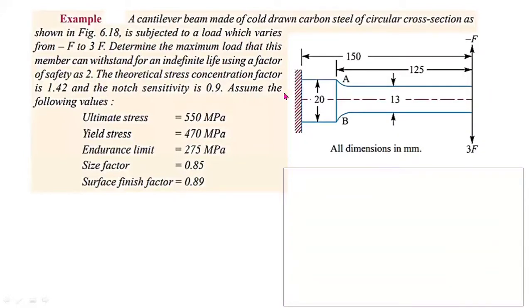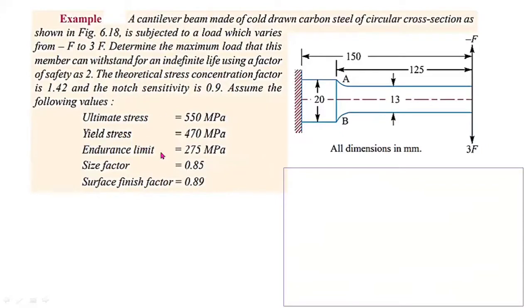The theoretical stress concentration factor is 1.42 and the notch sensitivity is 0.9. Assume the following values: ultimate stress sigma u equal to 550 megapascal, yield stress sigma y equal to 470 megapascal, endurance limit sigma e equal to 275, size factor k size equal to 0.85, surface finish factor k surface equal to 0.89.